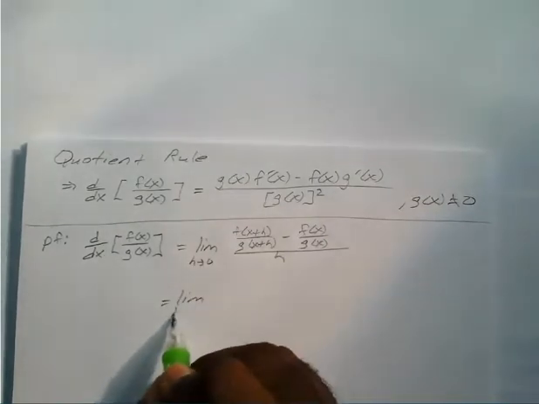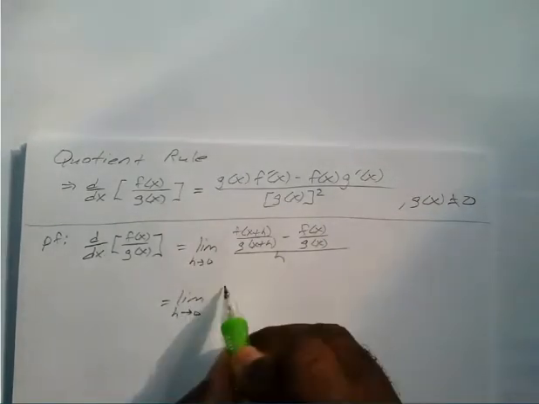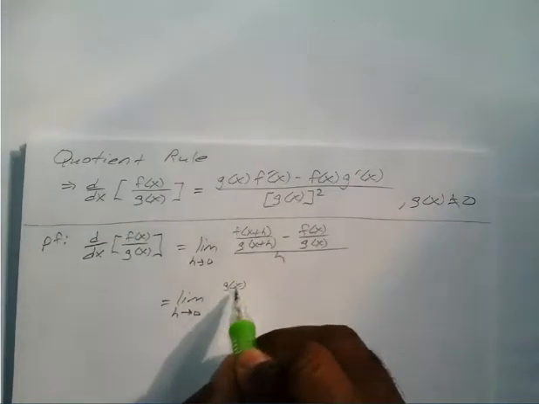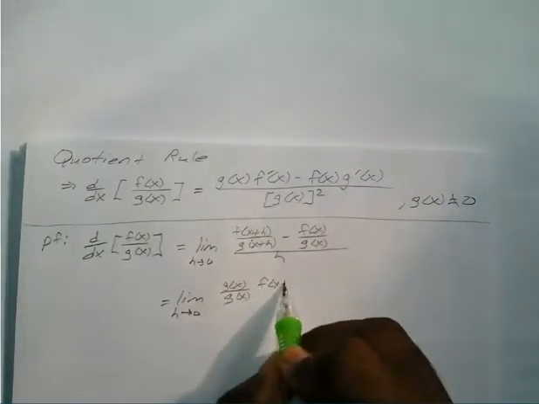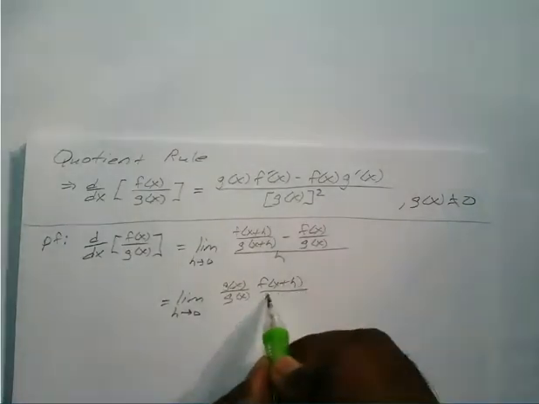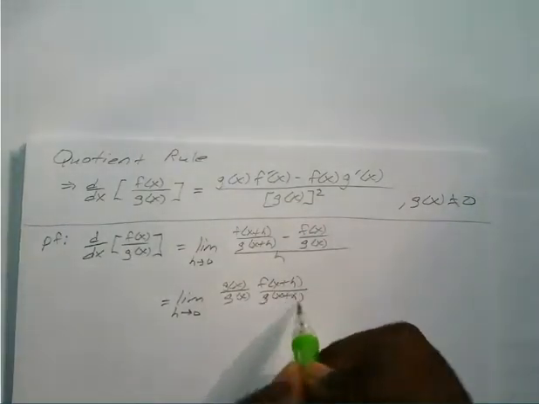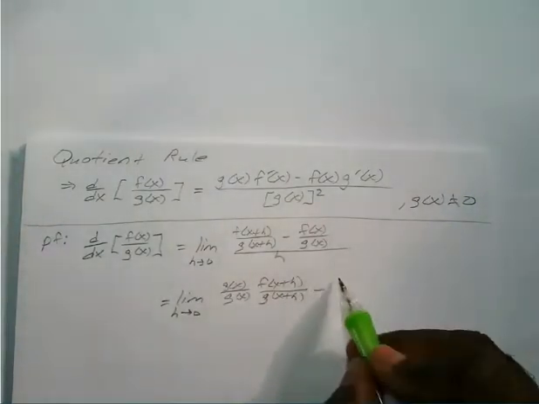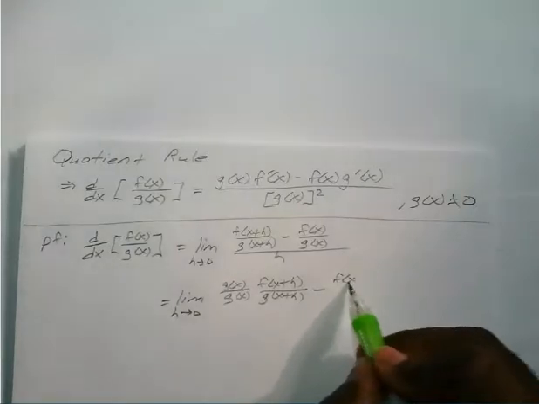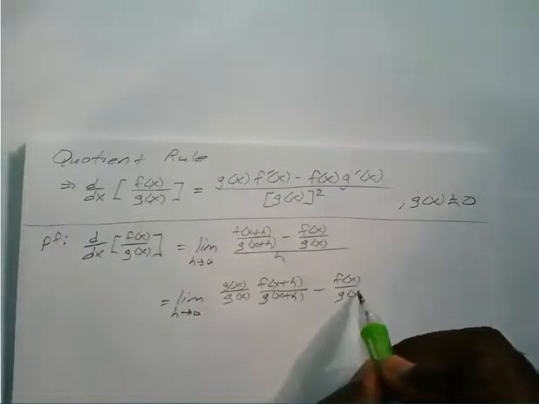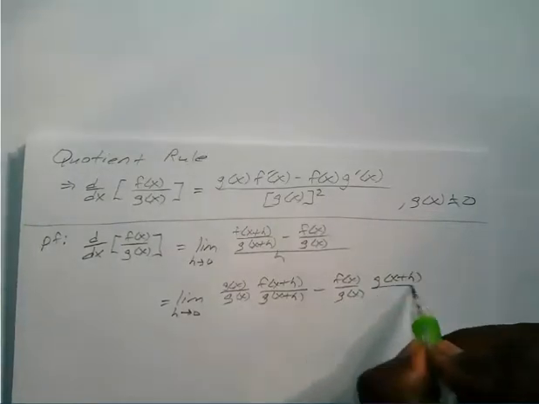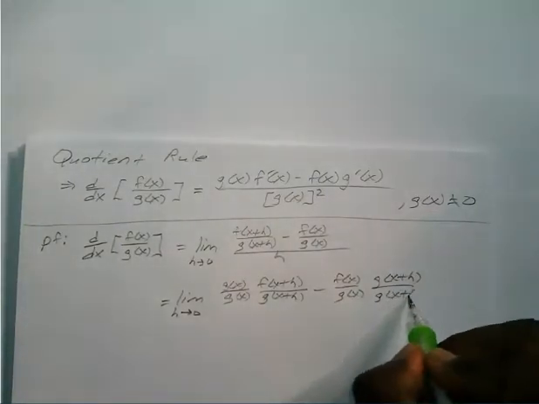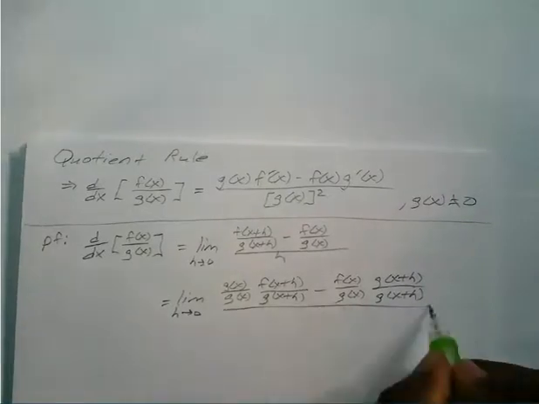So you have the limit, h approaches 0, g of x over g of x times f of x plus h over g of x plus h minus f of x over g of x times g of x plus h over g of x plus h all over h.